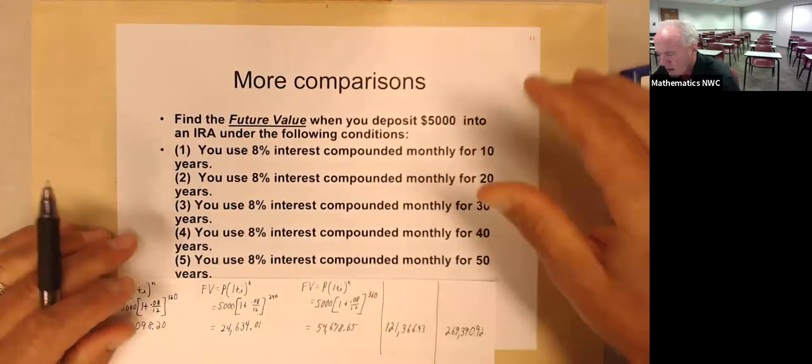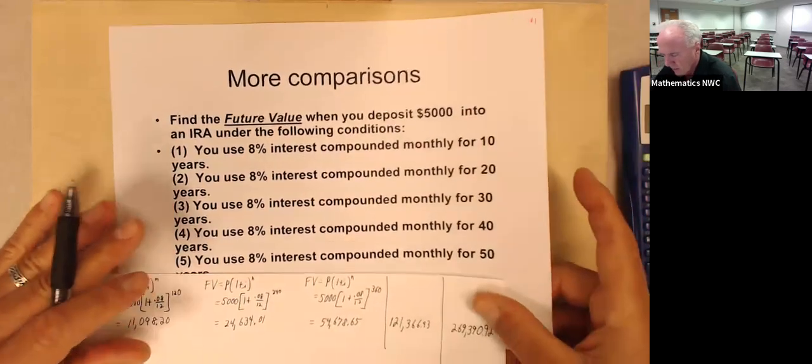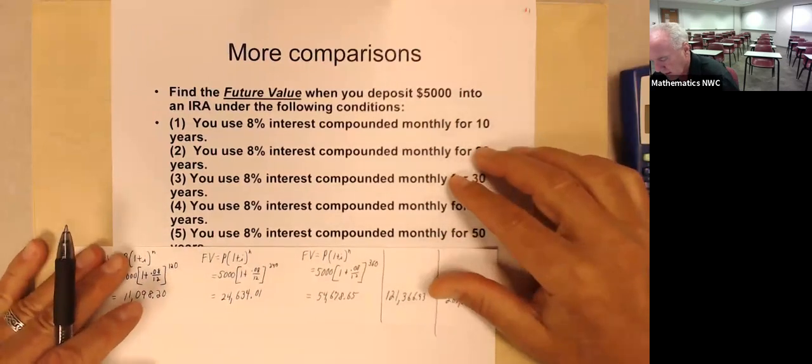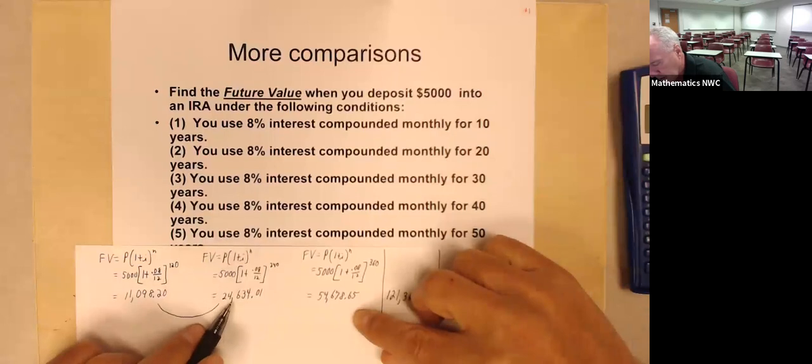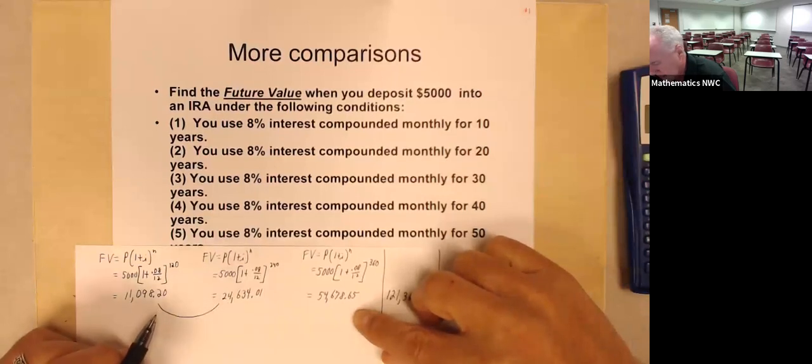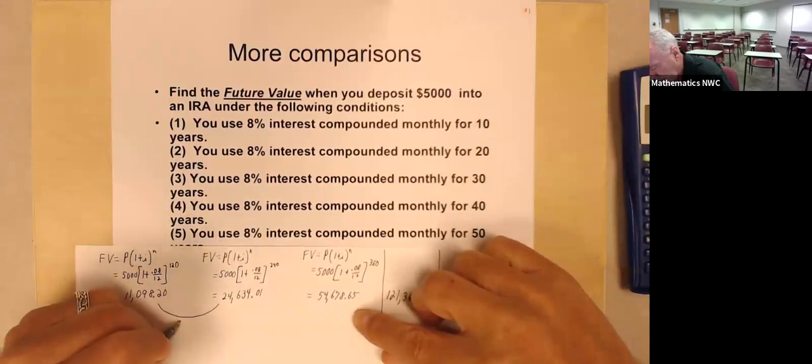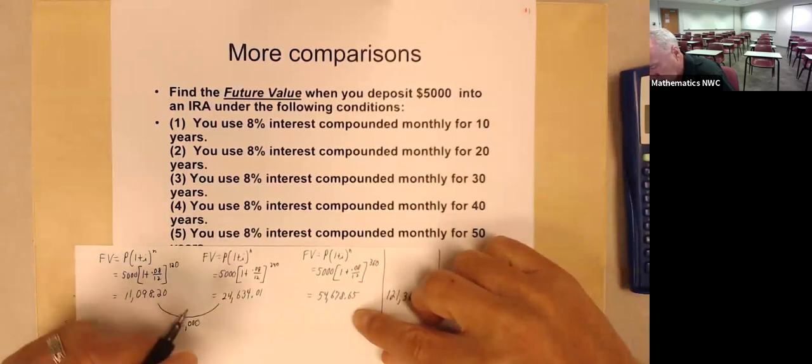Now, I want you to also catch this once next. The difference between the 10 to 20 years, I took 24,000 minus 11,000. I'm not going to do it exactly, but it's approximately $13,000 difference.